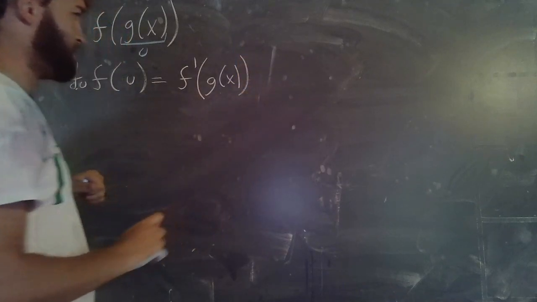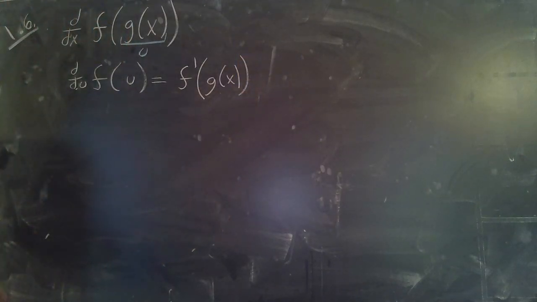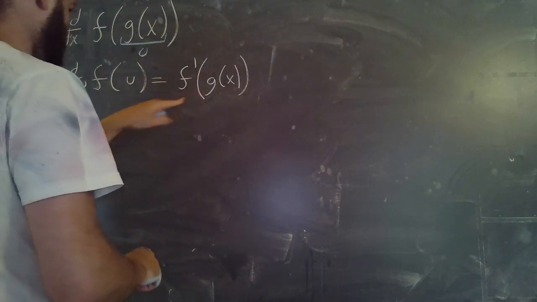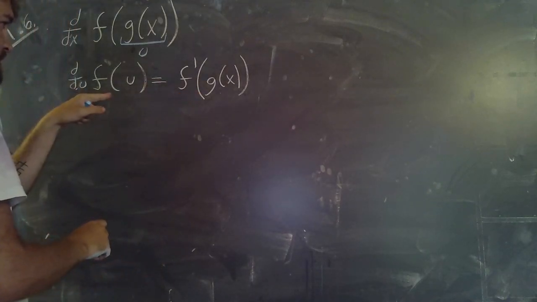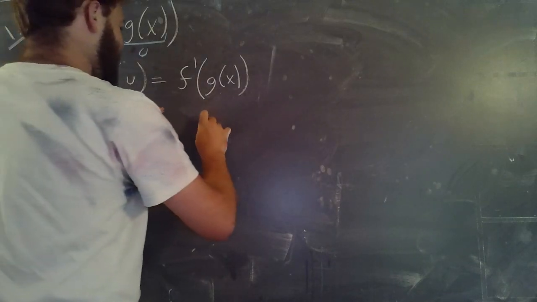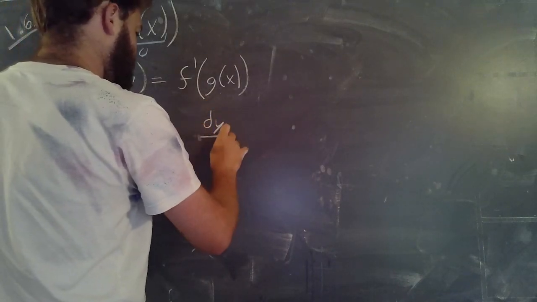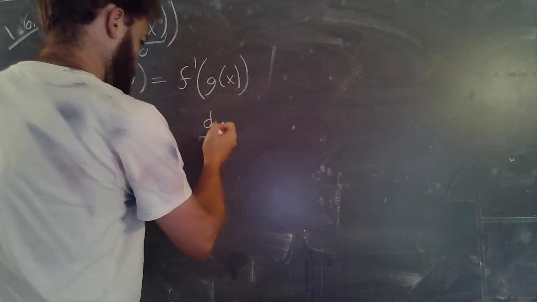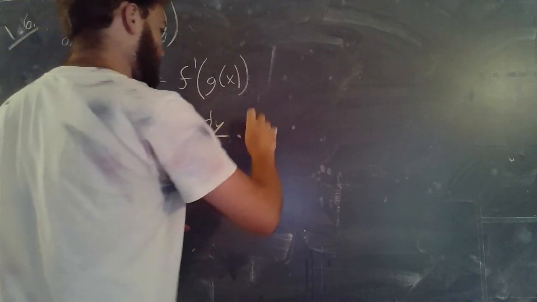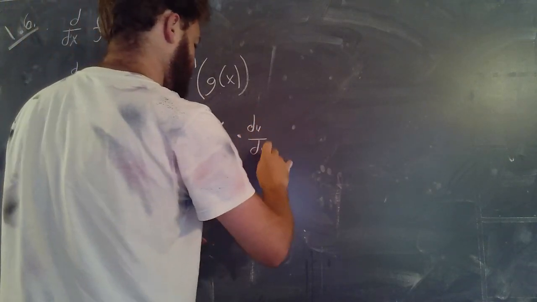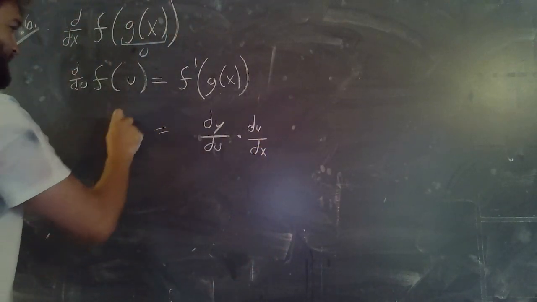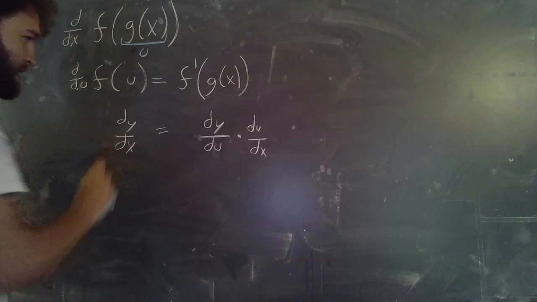x, okay? Then what we did is we said, okay, so this part right here, if I take the derivative of that, making this substitution, that actually gave me dy by du. So the way that I needed to fix that was by multiplying it by du over dx, and the move is always the same because remember the goal is for this left-hand side to end up being dy by dx.